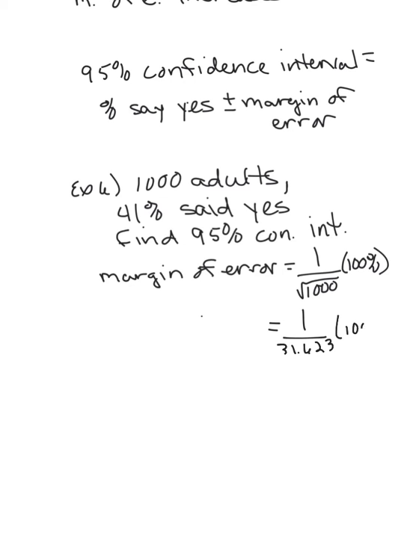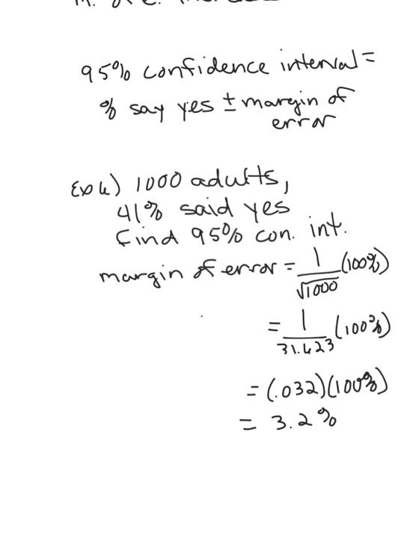We're going to take this times the 100%, do that division, and you will get 0.032 rounded times 100%. And then if you actually take those two times each other, you get 3.2%. So we have found the margin of error to be approximately 3.2%.